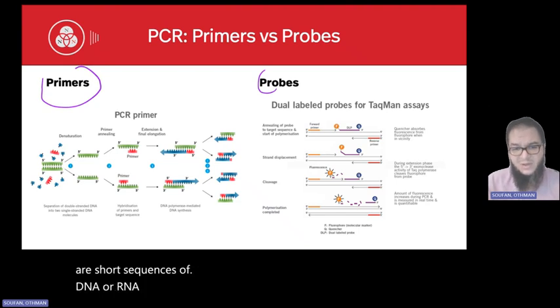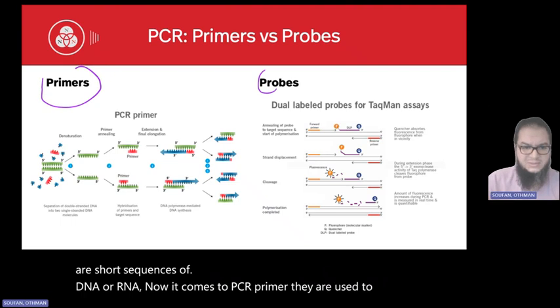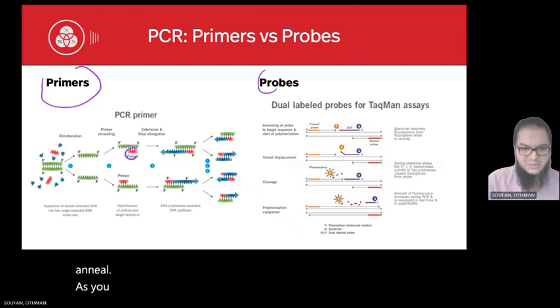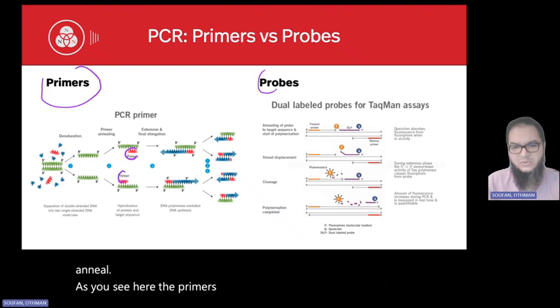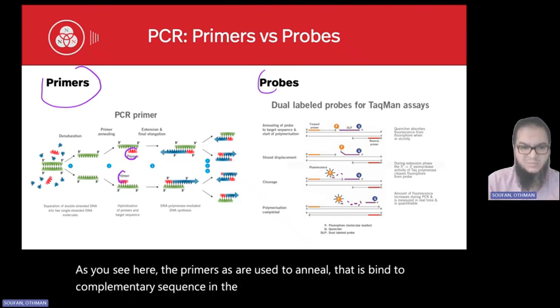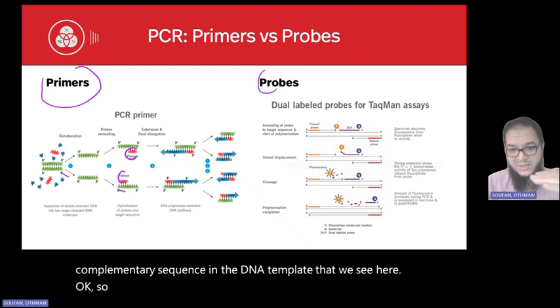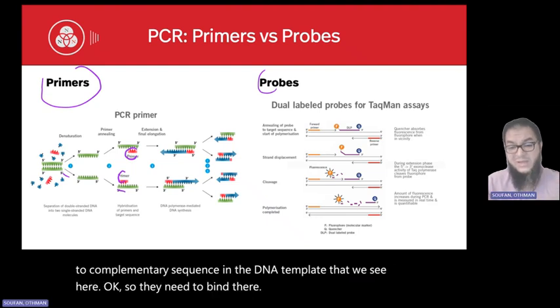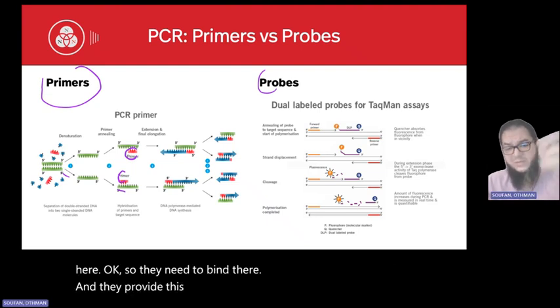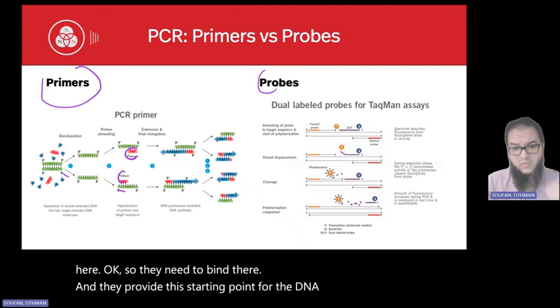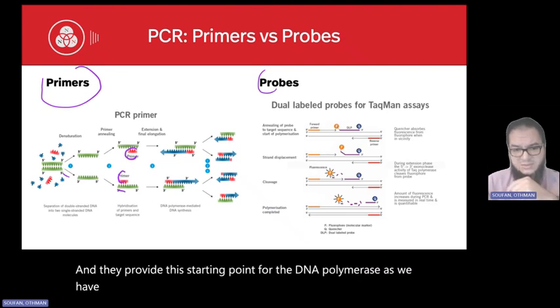Now, when it comes to PCR, primers are used to anneal, that is, bind to the complementary sequence in the DNA template that we see here. They need to bind there, and they provide the starting point for the DNA polymerase, as we have seen earlier in that video.